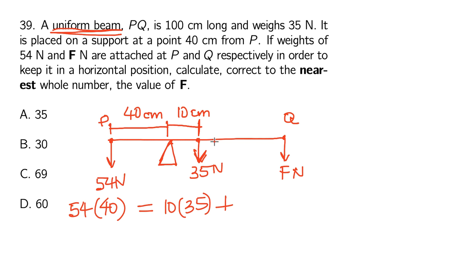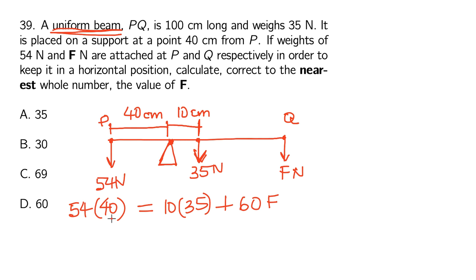The distance from this fulcrum or pivot point to this is 60 centimeters, because the other side is 40. So we have 60 times f, which is 60f. And now we have to find f. Well, we can write 54 times 40.